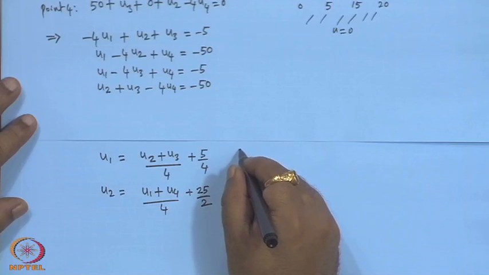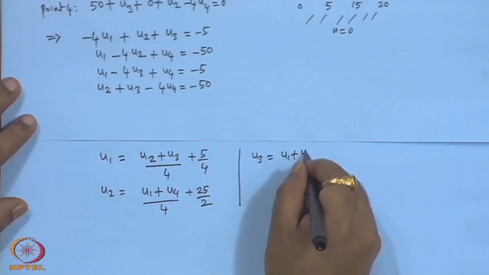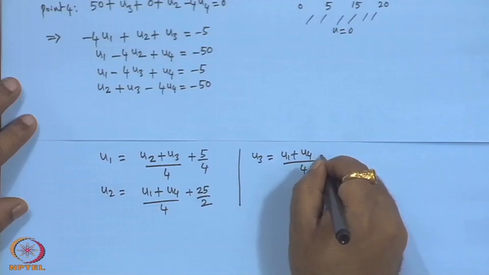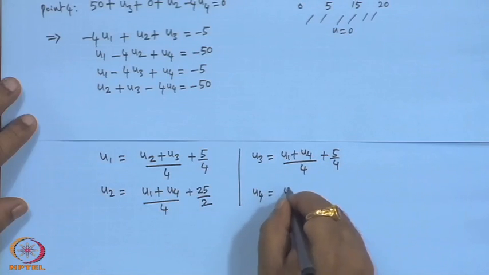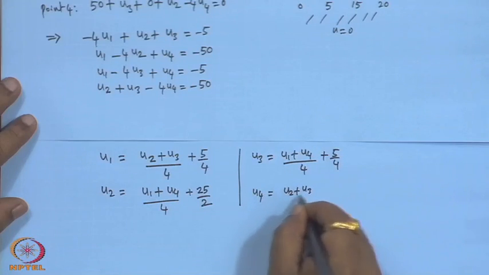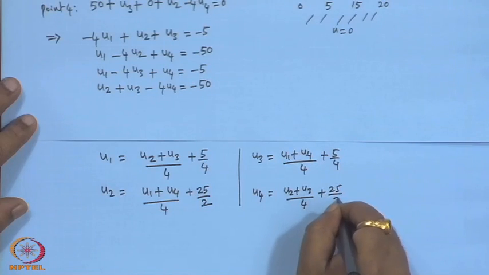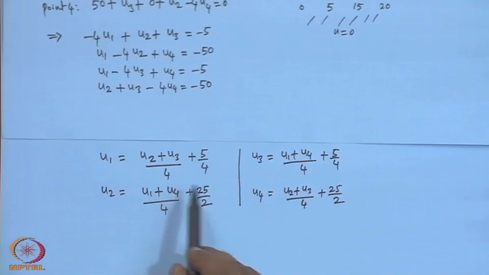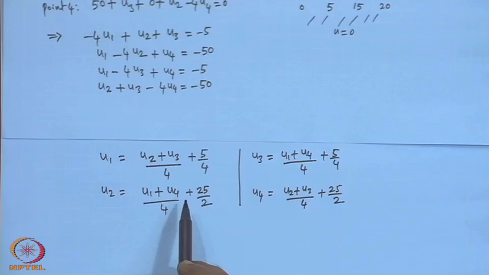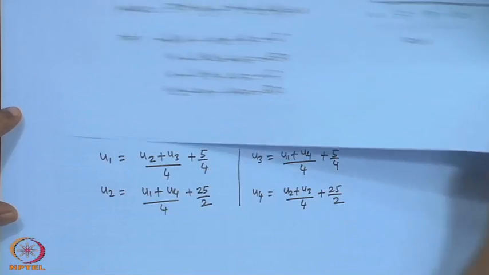Similarly, okay. So, this is the iterative scheme. So, we are ready to consider either Gauss Jacobi or Gauss Seidel. Okay. So, let us start the computation.